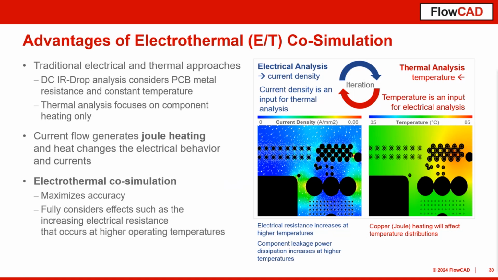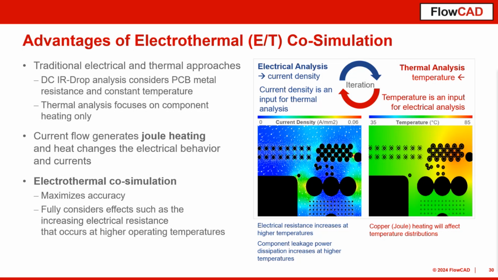This temperature will now be used as the next iteration step for an IR drop analysis. As I've already mentioned in my introduction, the copper and the PCB laminates are temperature dependent, and it means that the conductivity of copper changes. And now we go ahead with this new temperature of the copper, calculate a new current. This will be done for the next step in the thermal analysis, and so on until we get into a steady state stage.